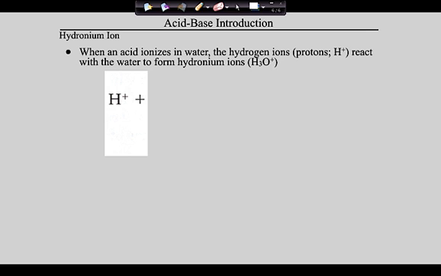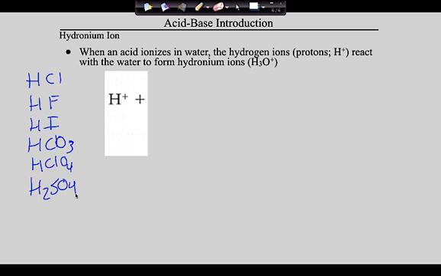And don't write this down, but you might find this interesting. HCl, HF, HI, HClO3, HClO4, H2SO4. What are those? I'm missing one. HNO3. These are the strong acids. In their elemental form, do you know what they are?